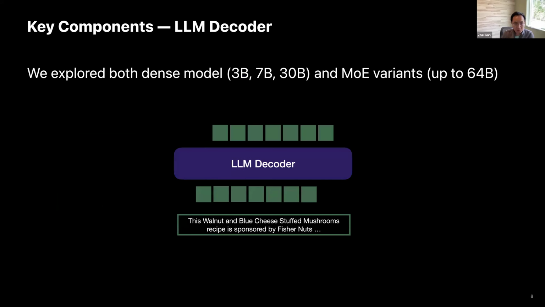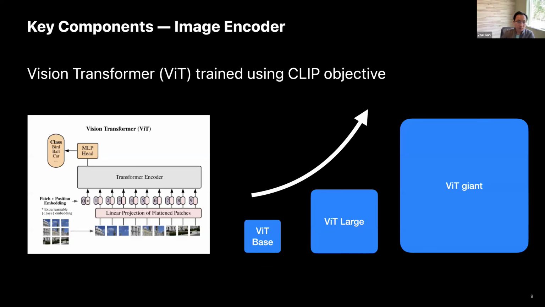Specifically, in the MM1 work, back then we only explored model sizes from 3B to 30B and some MoE variants. From the image encoder side, the vision transformer is a really good choice.